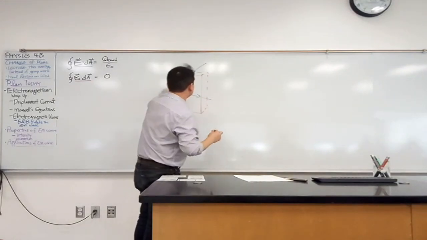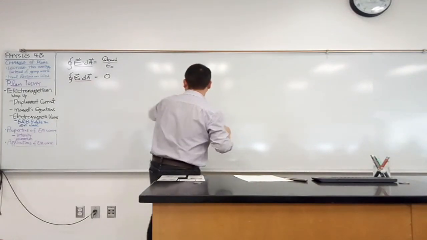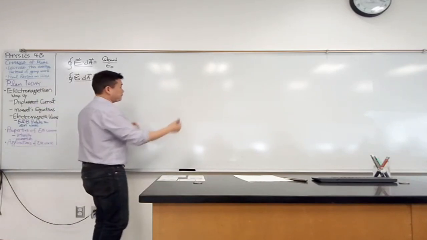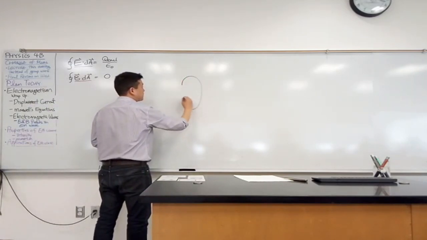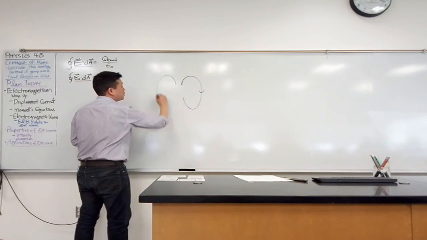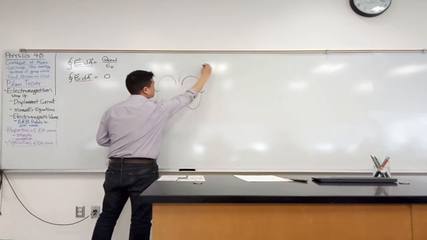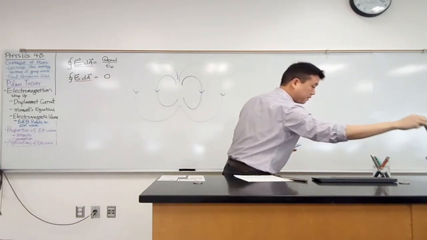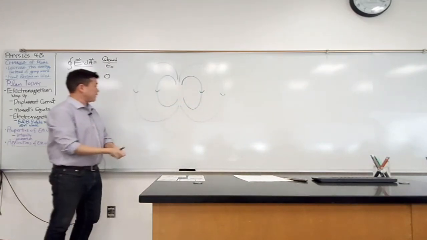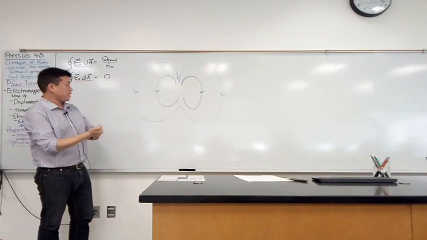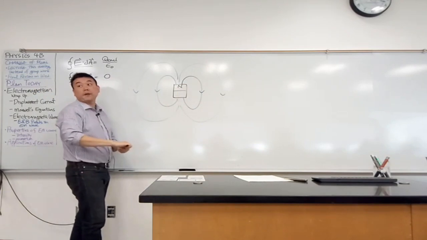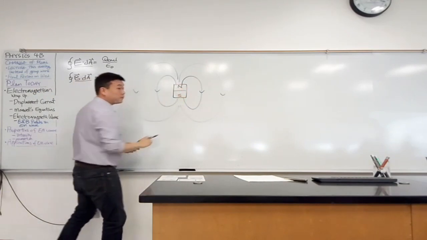So let me draw the common magnetic field lines that you might have seen, and that's what you might be imagining: field lines that go like this. That's the most common one that you would have seen with magnetic field. If you simply looked at it, you would say, oh, this is a magnetic field due to a bar magnet with the north and south pole.